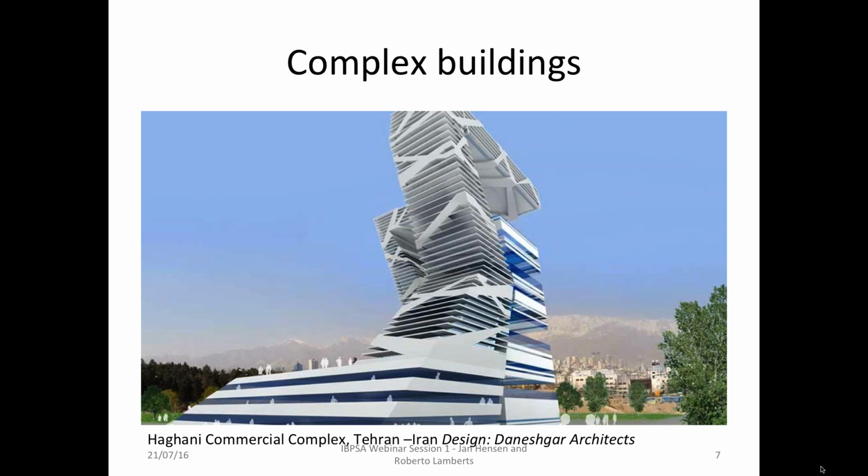Buildings are becoming very complex. We are designing buildings with a high degree of complexity, and we need to understand their behavior. Normal building codes and rules of thumb will not work with this kind of buildings. So simulation is a must.